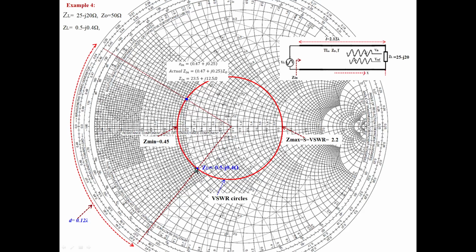Where do we have to stop? Go on moving like this. You should stop after 2.12 lambda.